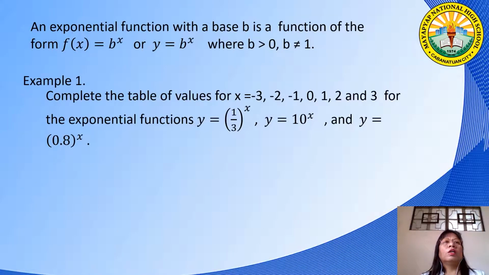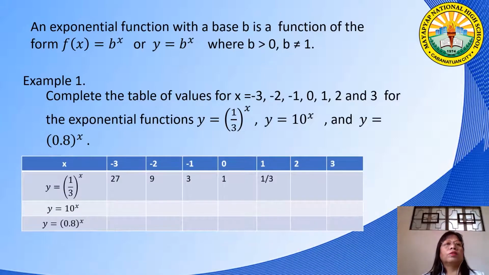Example: complete the table of values for x = -3, -2, -1, 0, 1, 2, and 3 for the exponential functions y = (1/3)^x, y = 10^x, and y = 0.8^x. So given the table, there are assigned values for x, and you are required to solve for the 3 given exponential functions.